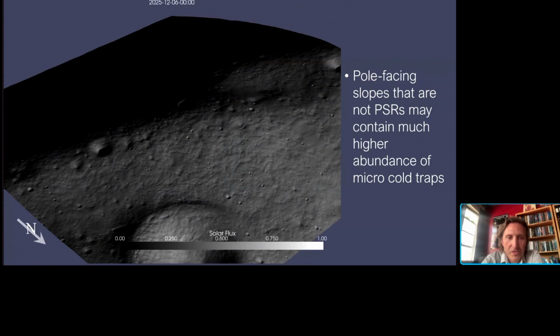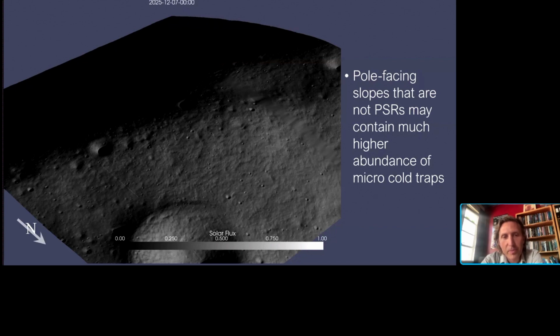This is a different perspective on the same model. And this kind of illumination model is sort of the boundary condition on the thermal models that we use to predict volatile stability. One thing that's important to note also is that Malapert is an interesting example here, where we have an equator-facing slope and a pole-facing slope with a ridge that divides them roughly in the longitudinal direction.